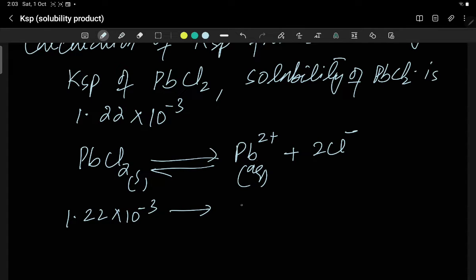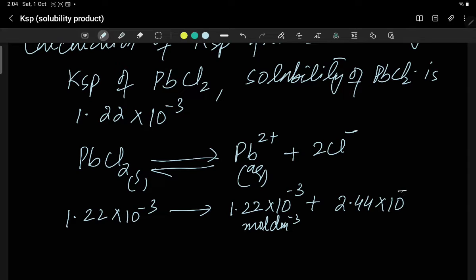Because the ratio is 1 to 1, the solubility of lead 2 ion is 1.22 into 10 raised to the power minus 3 mole dm inverse cube. Similarly, this is 1:2, so the solubility of chloride will be 2.44 into 10 raised to the power minus 3.